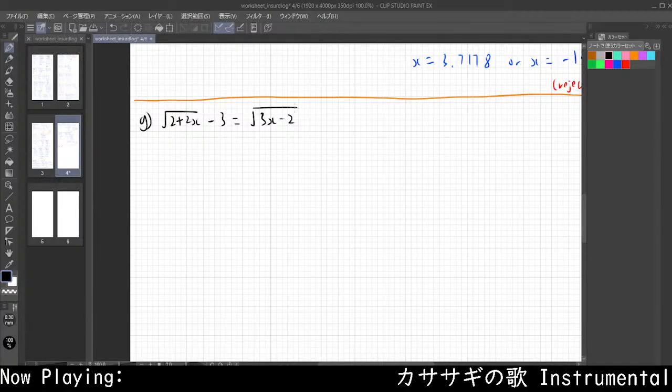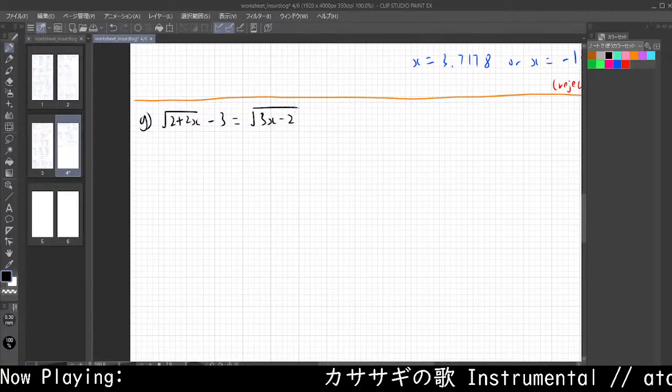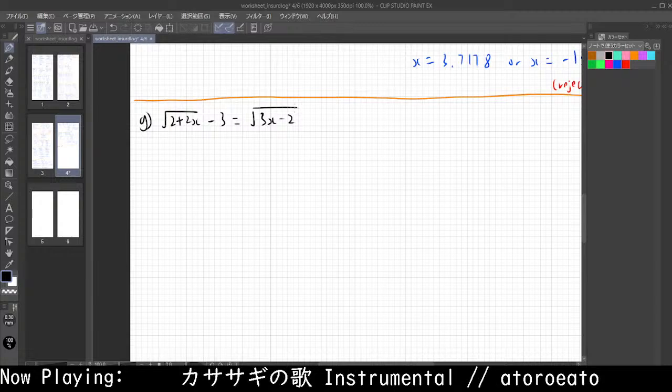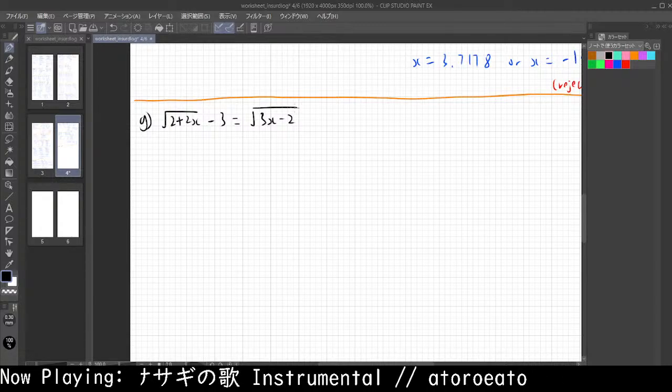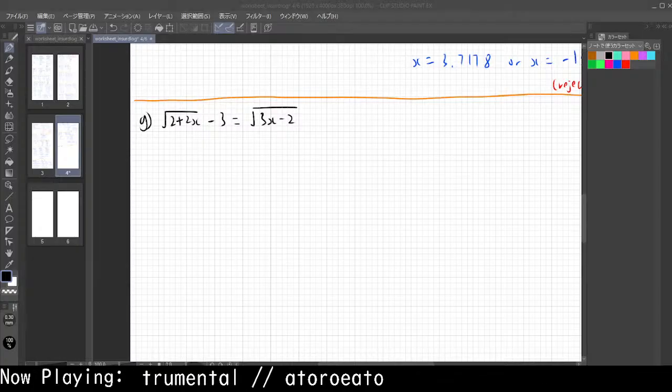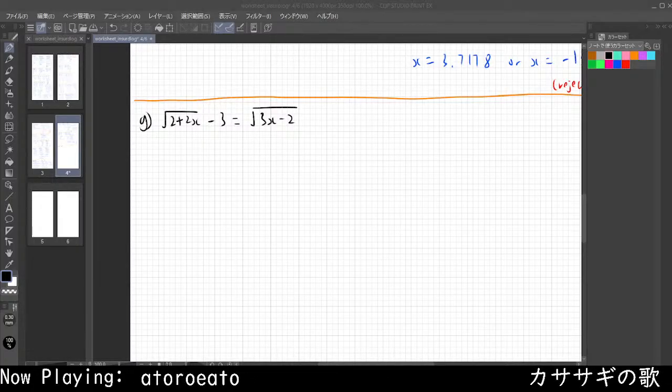If you square both sides, you get x squared. But you still need to square again because you have 2 square roots. So you square it again, you get x to the power of 4, which is not solvable within our current means.